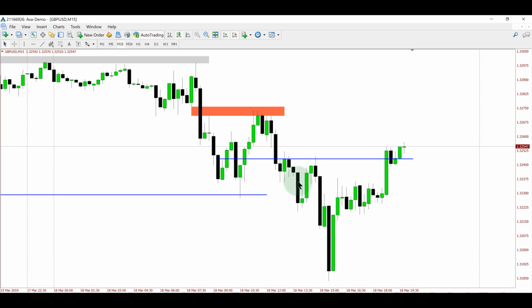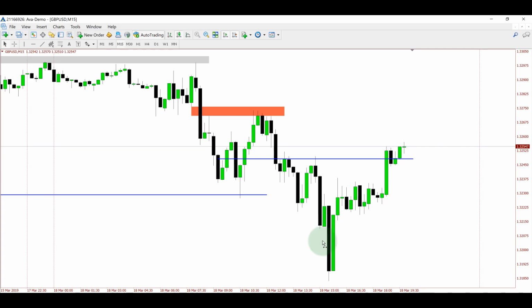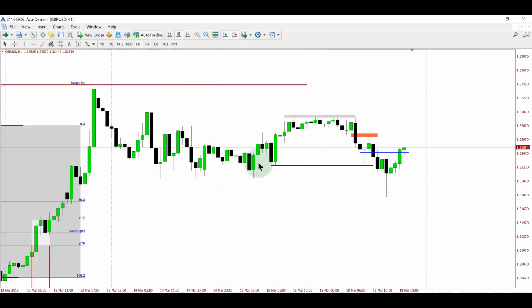Then we have one more small optimal trade entry in here, right before they really expanded it lower, clearing up those equal lows, which I can't show you here because I didn't make any annotations about it. Now, interestingly enough, once it took those equal lows out, again, let me show it to you.